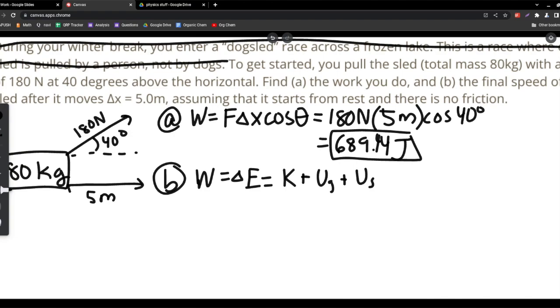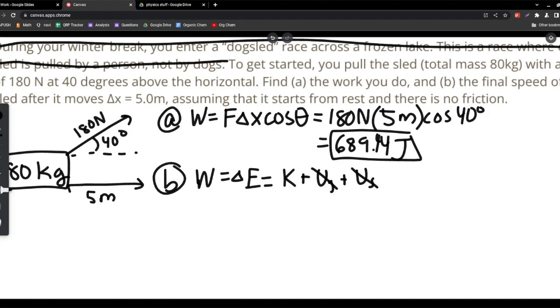Well, there is no spring, so we can automatically assume that's zero. And we're not really dealing with gravitational potential energy here because the object is just staying where it is. So we can also rule that out. And that leaves us with kinetic energy only.